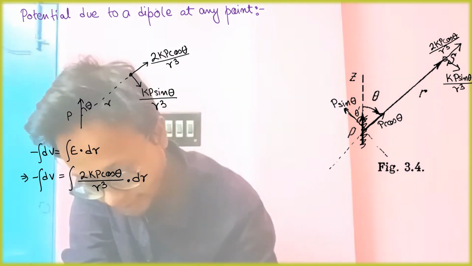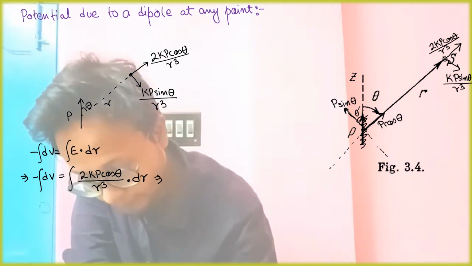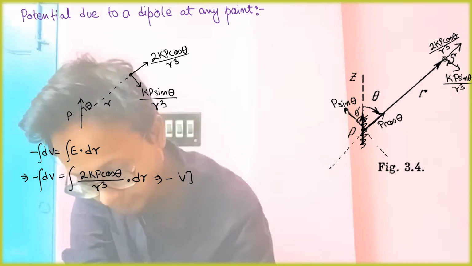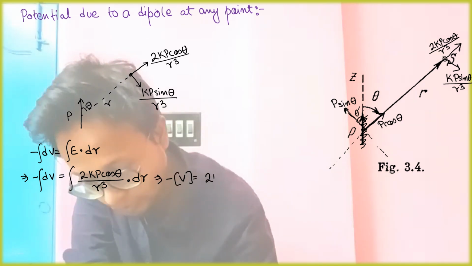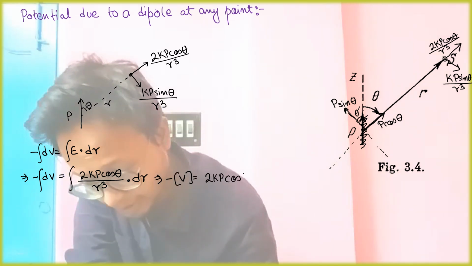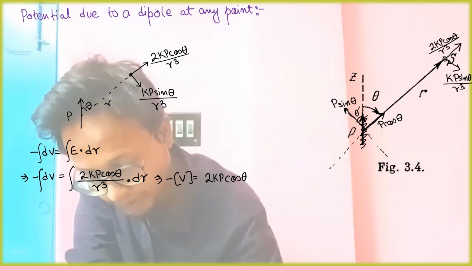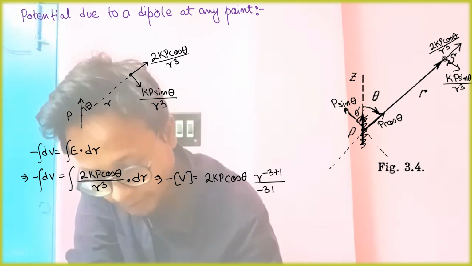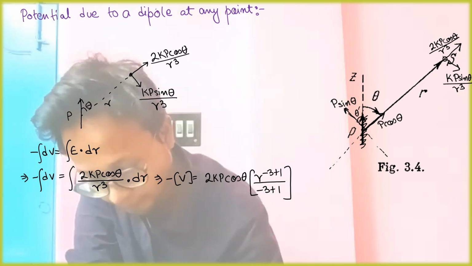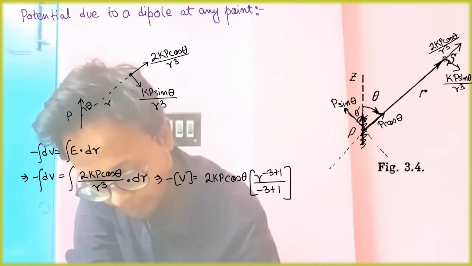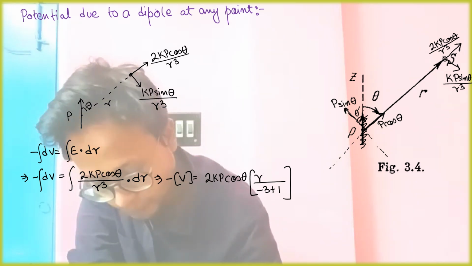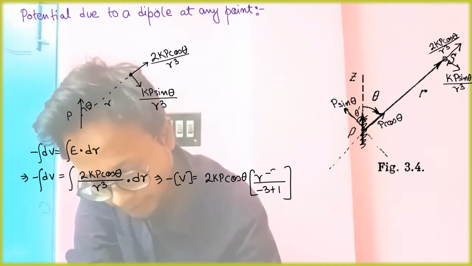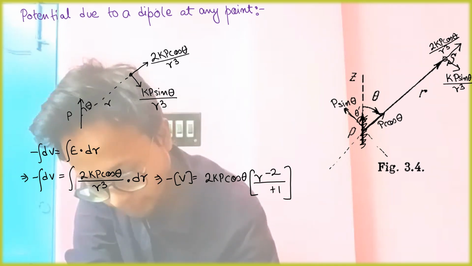Now if I solve this, minus V is equal to the integral of 2kP cos theta dr by r cube, which is r to the power minus 3 plus 1 by minus 3 plus 1. I'm just integrating. R to the power minus 3 plus 1 is minus 2, and here also minus 3 plus 1 is minus 2.